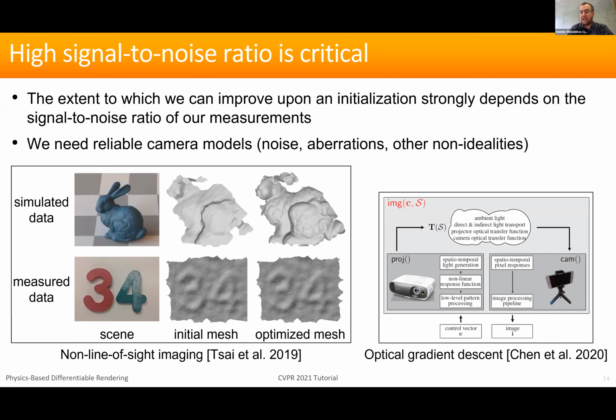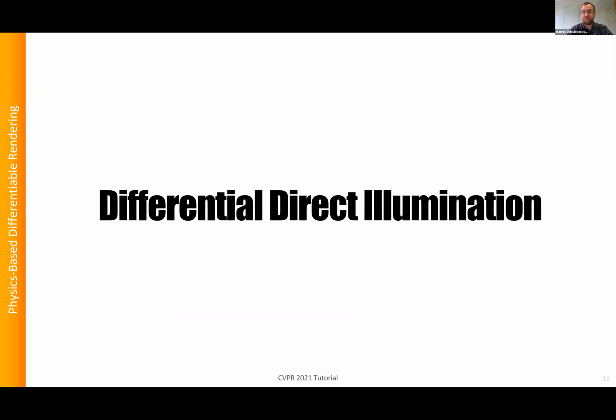In fact, I want to highlight here a nice paper from Kyros Koutoulakos' group where they talk about optical gradient descent. And they mention that by using a finite difference procedure, we can directly backpropagate through a camera and therefore compute gradients that accurately take into account the characteristics of the device we're using, both in terms of noise and in terms of other non-idealities that may contaminate our measurements.